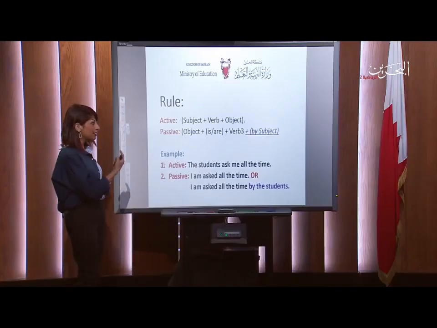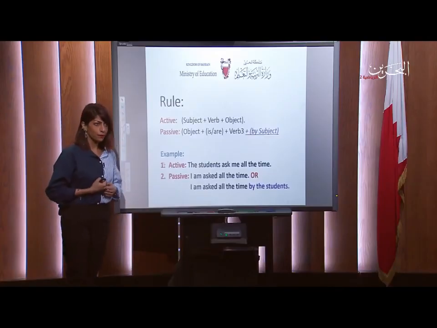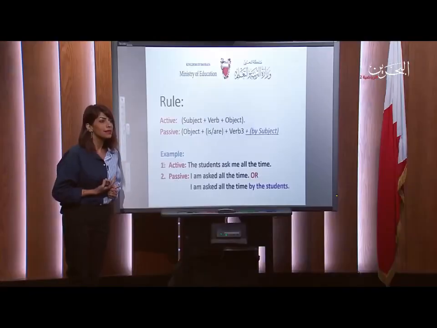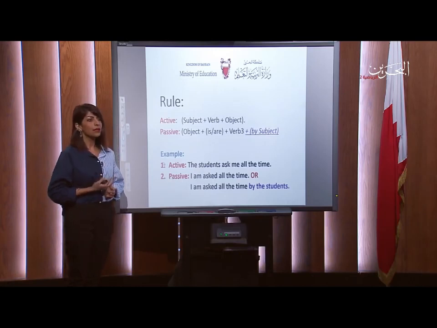Now, let's see the active form to start with. It's subject, verb, object, as I have already mentioned. But if we want to transform it or change it to passive, in this case, it starts with the object, then I have to specify if it's is or if it's are, and this depends on the object itself. I am coming to the explanation later.